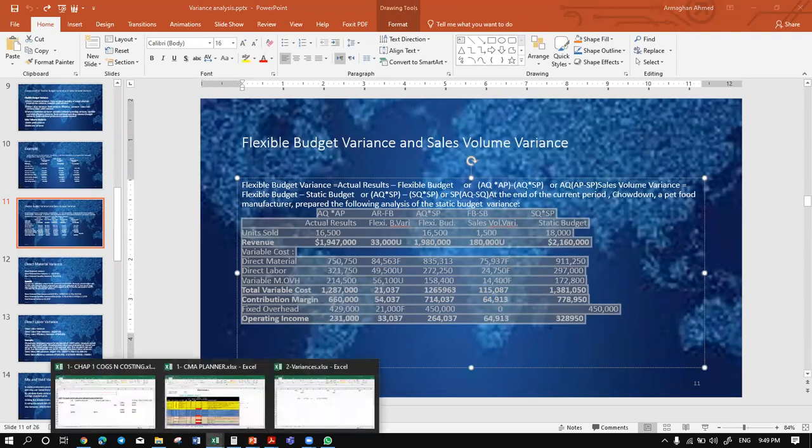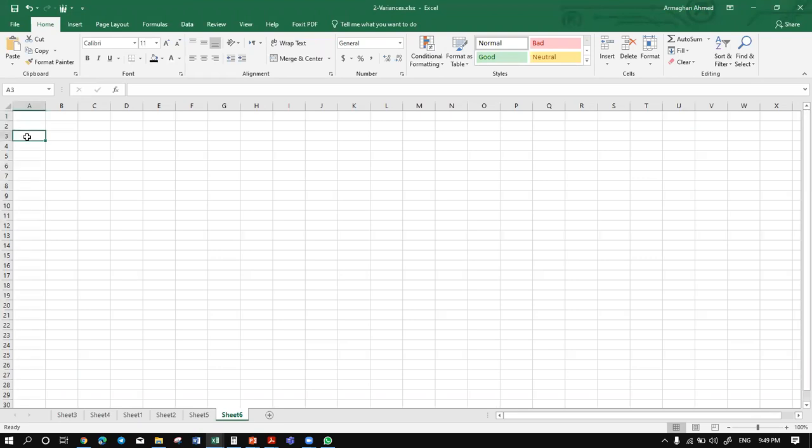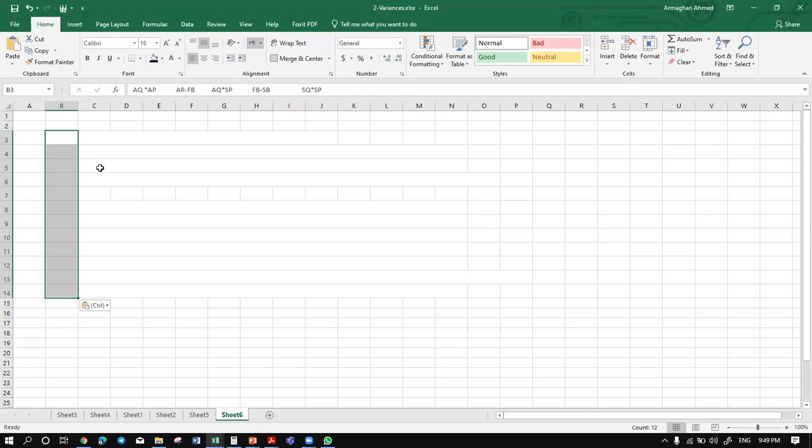in Excel, it will come in the table form. Okay, what is it?